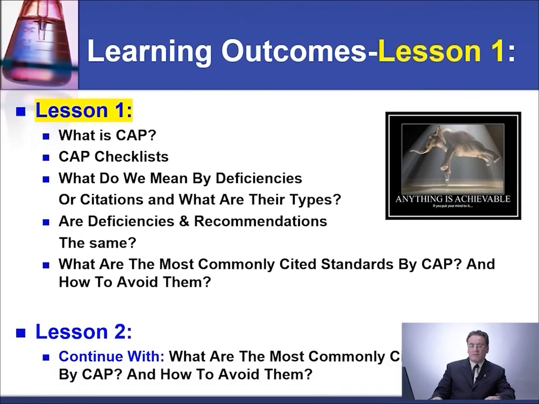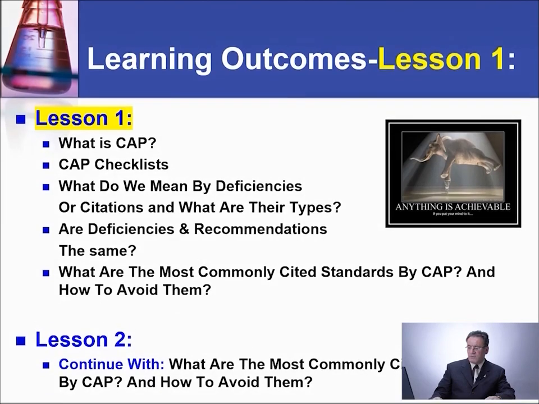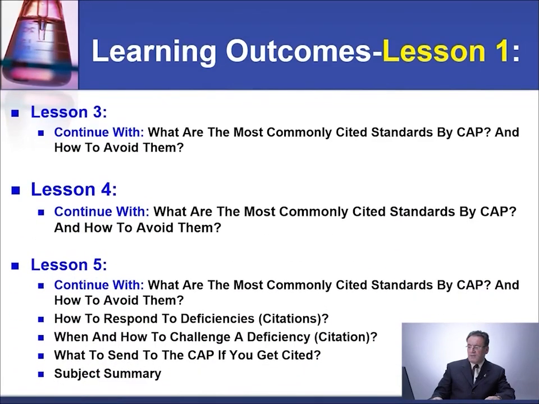In lesson number 2, we'll continue with the most commonly cited standards by CAB and how to avoid them. In lessons 3, 4, and 5, we'll also continue with that.